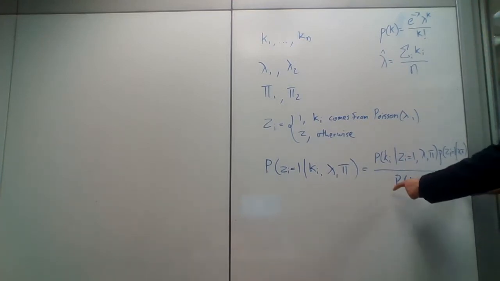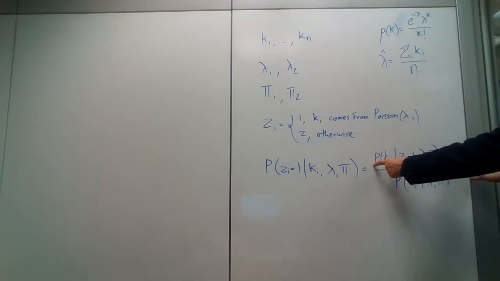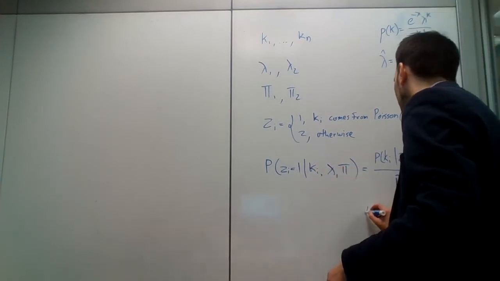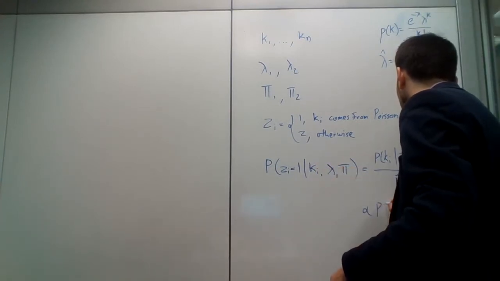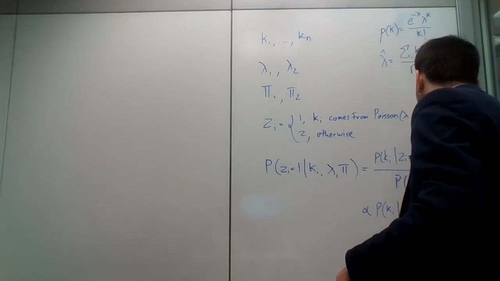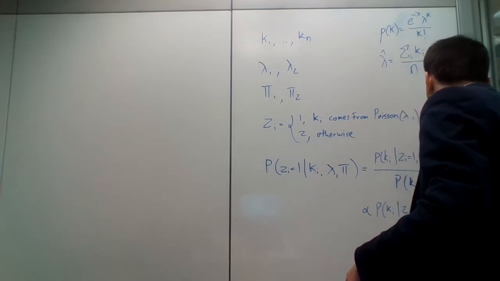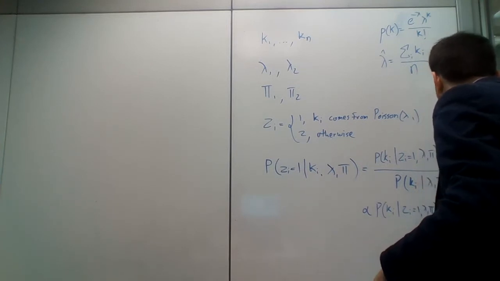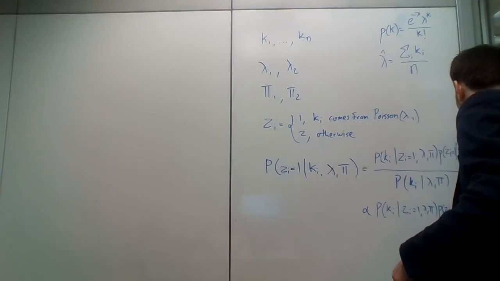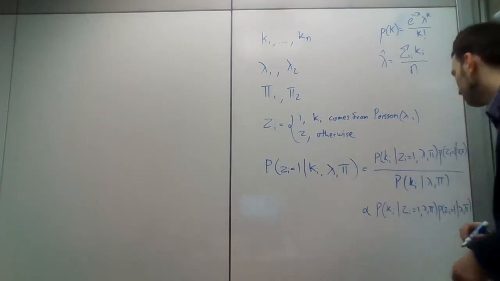We know how to compute this, but we don't really care, because what we really care about is the numerator. So we can just say that this is proportional to the probability that ki is happening given zi equals 1, and lambda and pi, times the probability that zi is equal to 1 given lambda and pi.